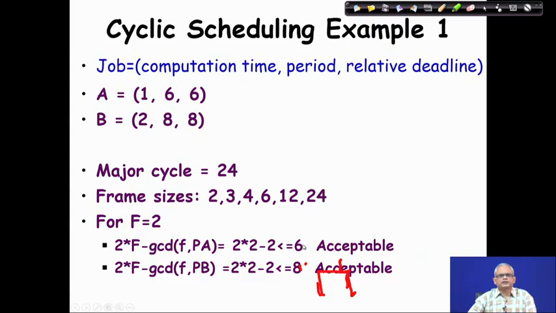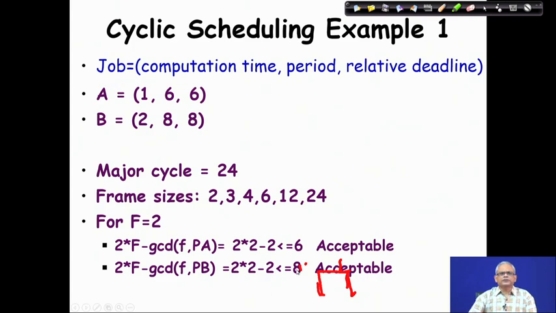So, this is fine. Similarly, we can check for the second task. 2 into f minus GCD(f, the period of the second task). So, 2 into 2, and GCD of 2 and 8 is 2, which gives 4 minus 2 is 2, and 2 is less than or equal to 8.